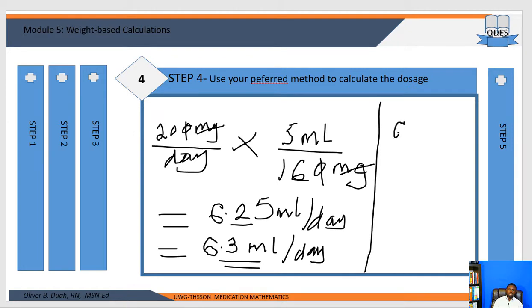So 6.3 ml divided by 3 doses is going to give us 2.1 ml.